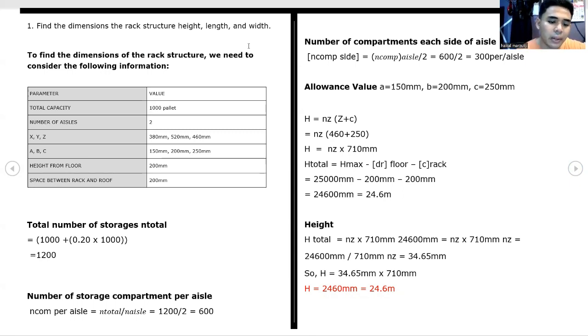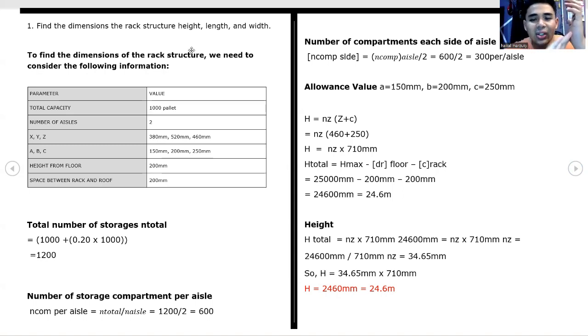Number of storage compartments per aisle: we use the pallets at 1,200, and divide by 2, so we get 600 per aisle. Then the number of compartments in each side of the aisle: 600 divided by 2 is 300. So our allowance values are A 150, B 200, and C 250.